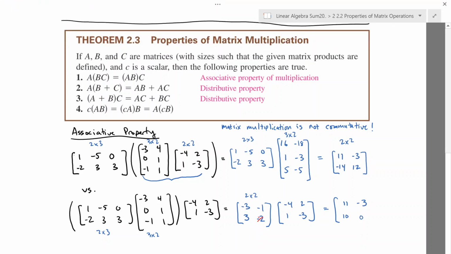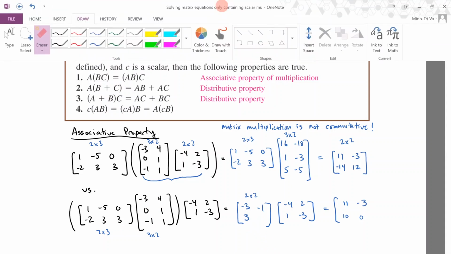Let me now erase it, just cross out. So this should have been a negative 6. Okay, so now let's multiply this again. Negative 2 times 4 is negative 8, plus 3 plus 3. Okay, so this was correct the first time, negative 2.